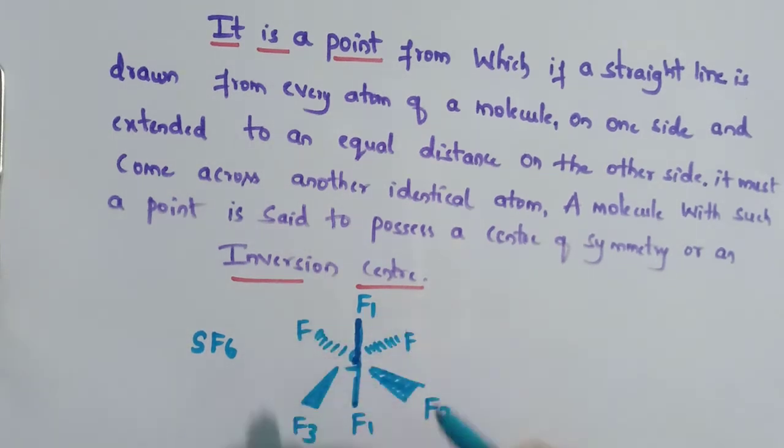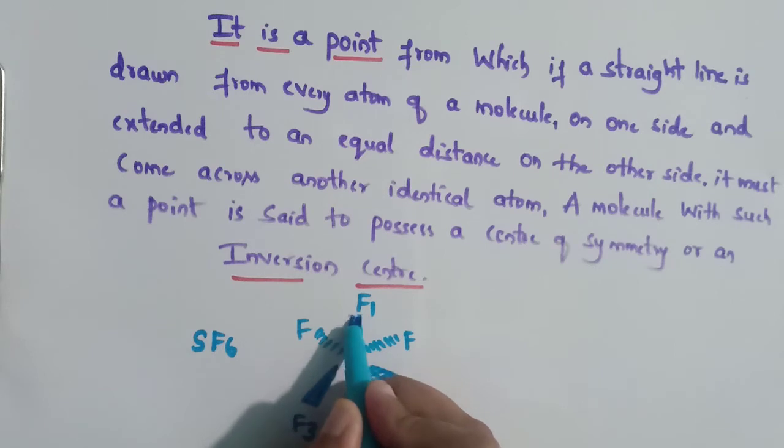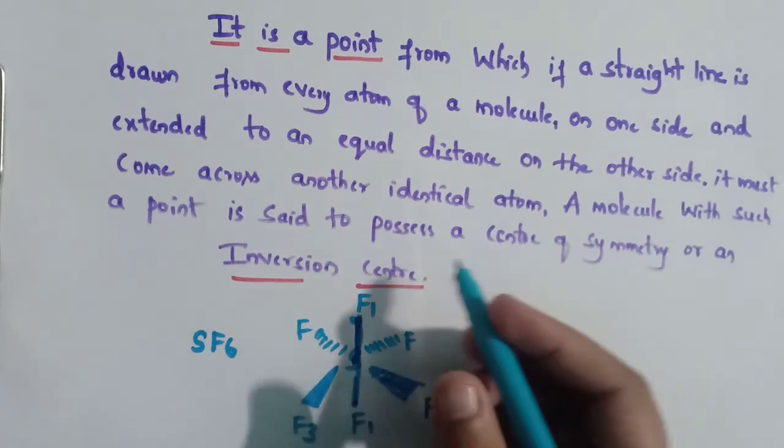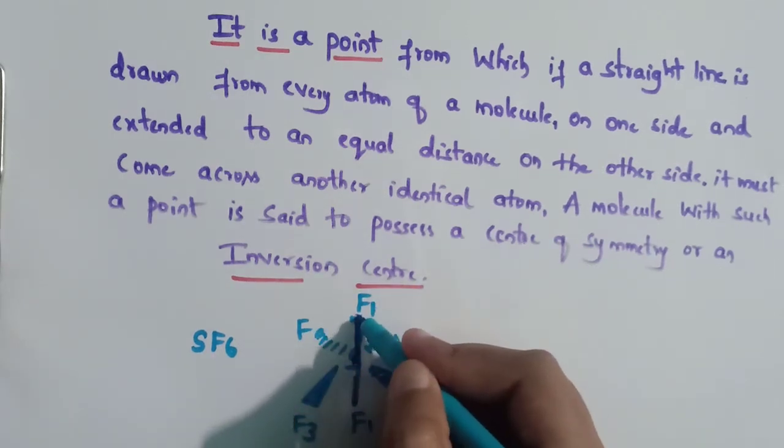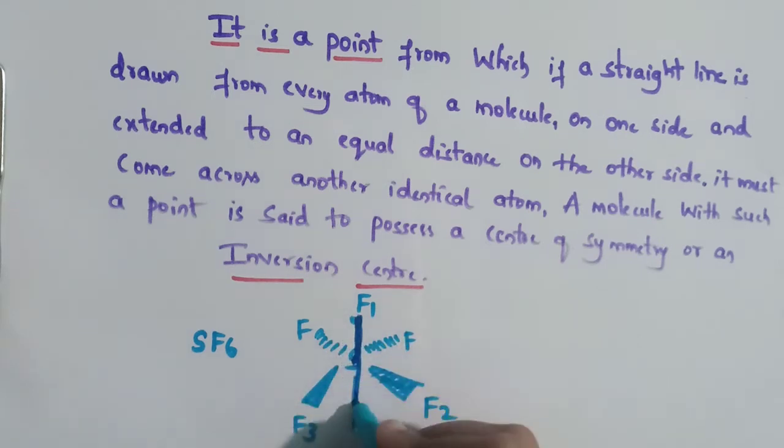The same atom should be present on the other side. We extend a straight line to F1, and by extending this straight line in the opposite direction, we should get an identical atom of this molecule.